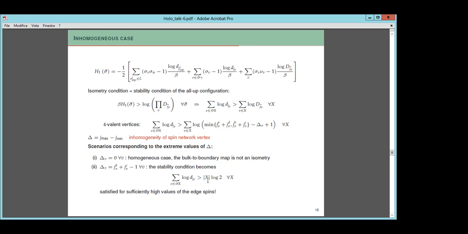So what we can deduce from this picture is that the inhomogeneity of the graph is something that favors the isometric character of the corresponding map.